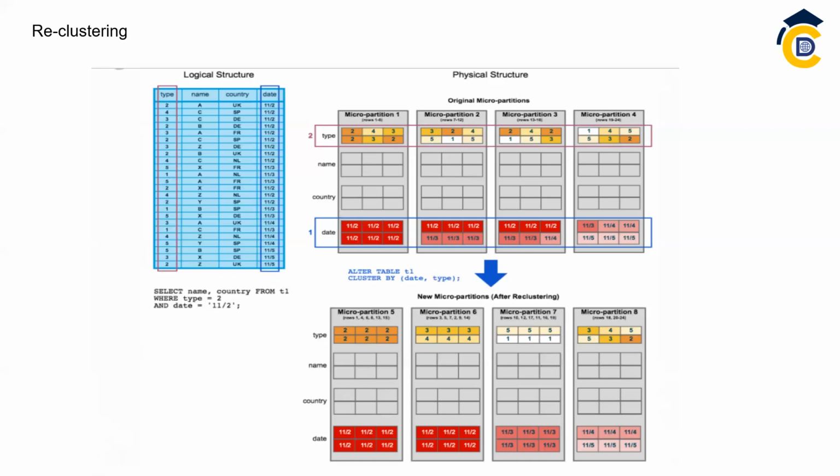Do we have an option to see which partition is holding my current data, like row number 1 is sitting in which partition? Do we have an option to view that? You mean this row 1 is sitting in micro partition 1, like that? Yes. No, I have not come across anything like that.